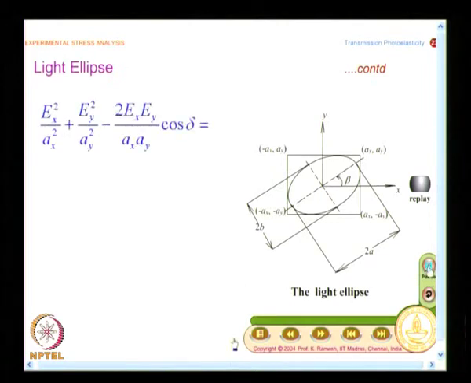I am going to get an expression like this: E x squared by A x squared plus E y squared by A y squared minus 2 E x E y divided by A x A y cos delta equal to sin square delta. And this is the generic expression of an ellipse.